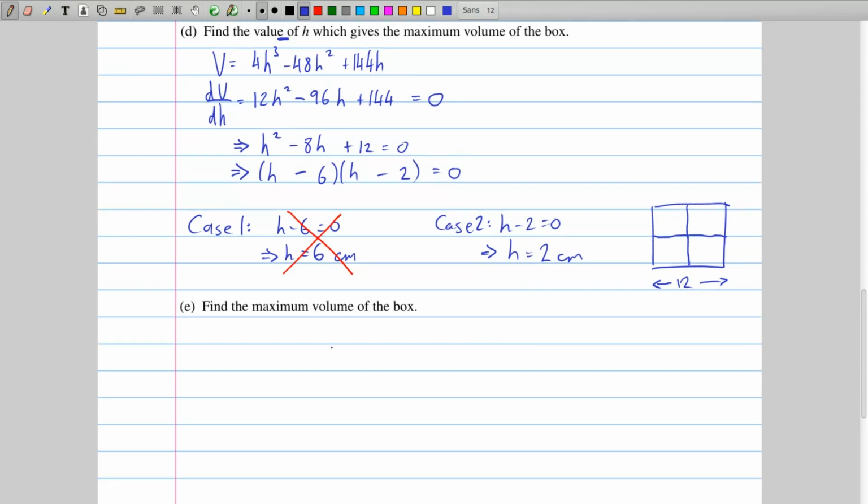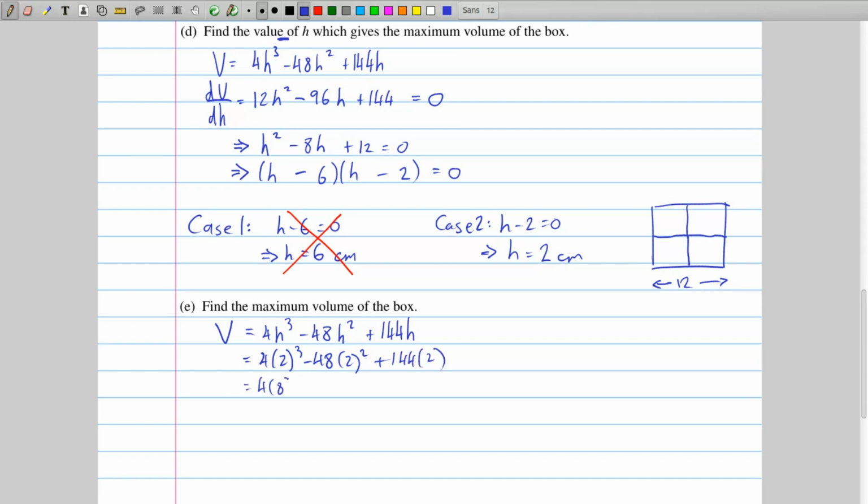Lastly, we have to actually find the volume of the box. So we have to use our volume formula, which remember is a function of h, depends on h. So we've got 4h cubed minus 48h squared plus 144h. And now we worked out that h was 2 to get the maximum volume, so you just have to put that in. 4 by 2 cubed minus 48, that'll be 2 squared, plus 144 times 2.